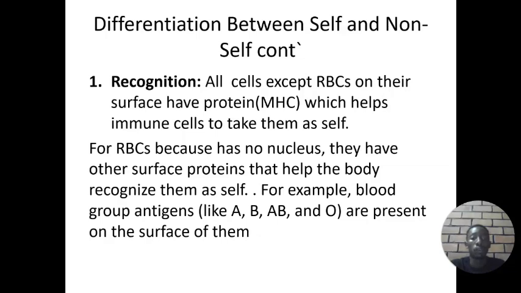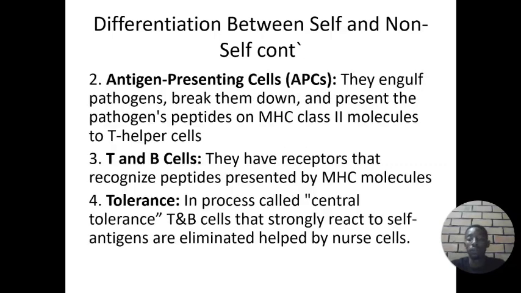Red blood cells have antigens A, B, and O, present on the surface of the cells, which tell the immune cell they are self.